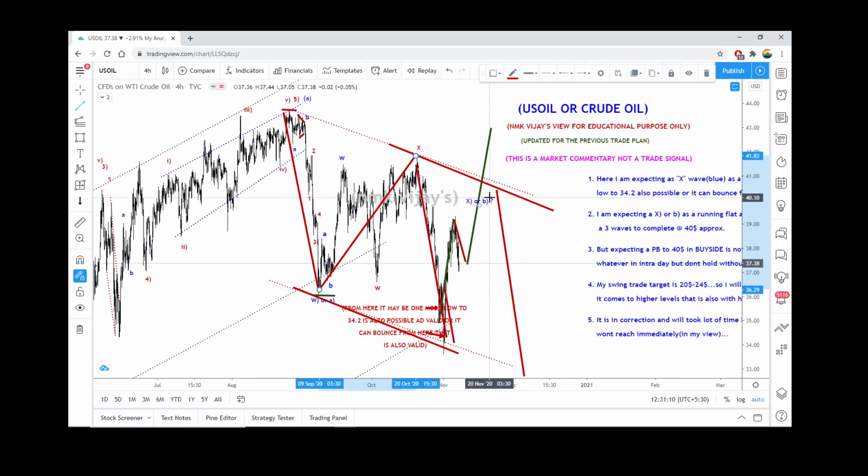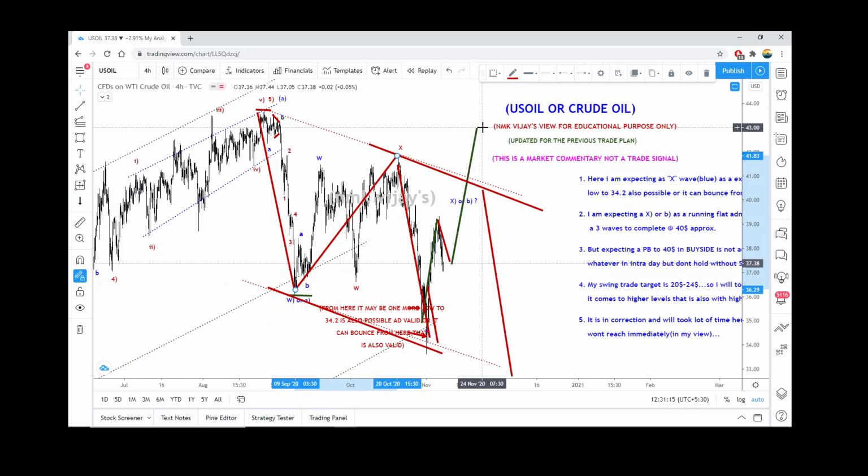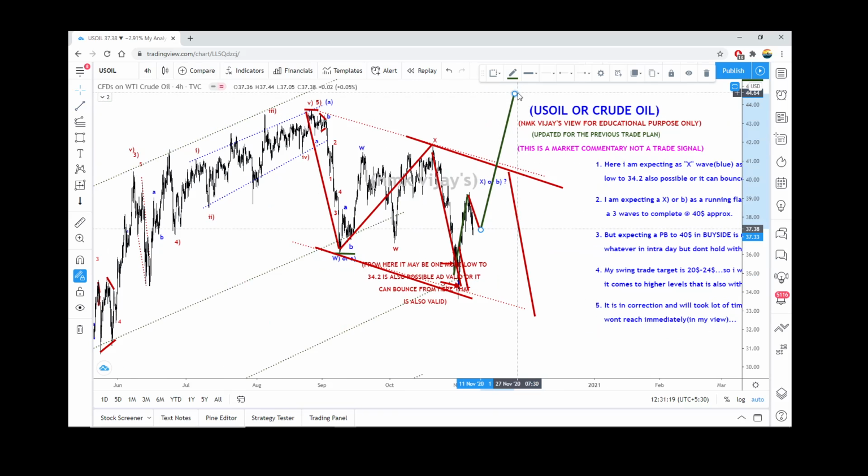So in that case it is only bullish. Either it has to break this high once more and then again drop also for that irregular flat. If it doesn't break this high, there is a lot of chance for making one more low to break this 34.